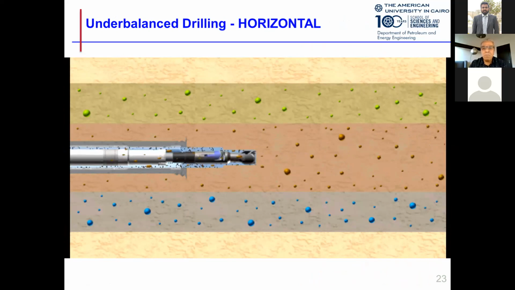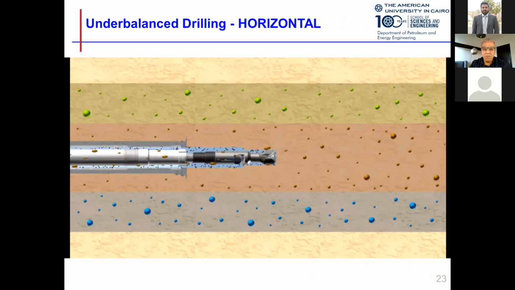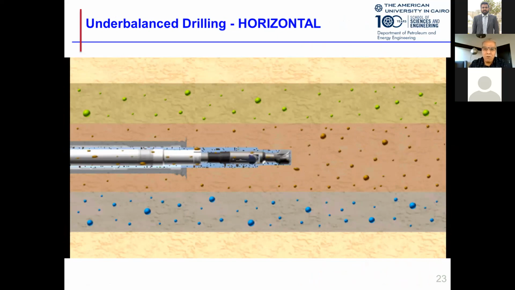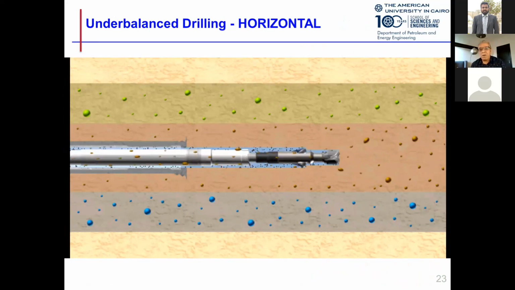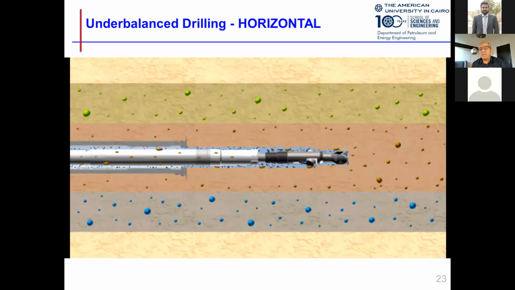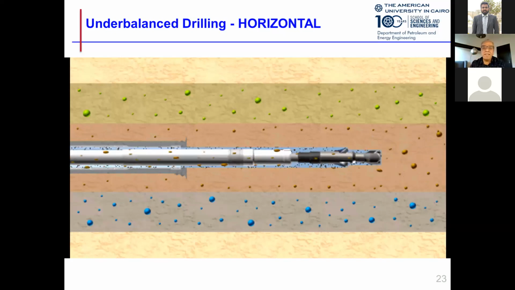And as we penetrate further into the formation or horizontal part of the reservoir, you can notice, this is animation, that the rate of flow does increase. And as we go deeper, because the flow is not from the head part here, from the vicinity of the drilling string, oil flows into the well.